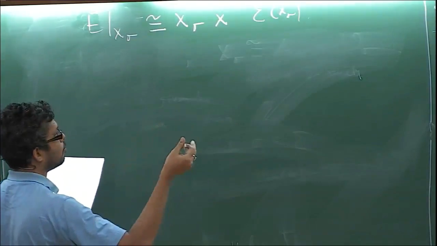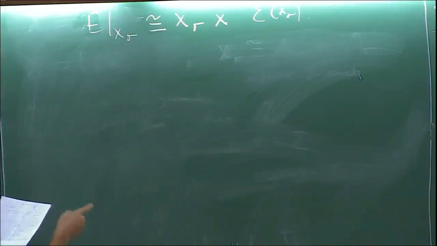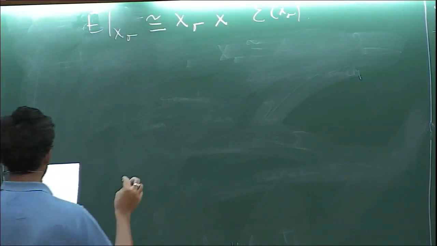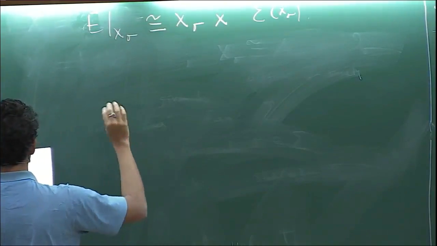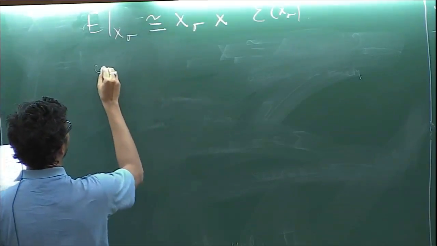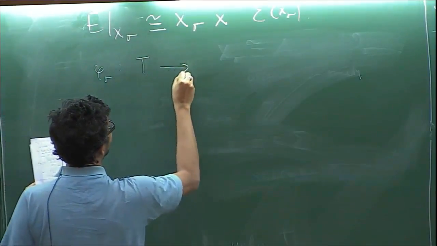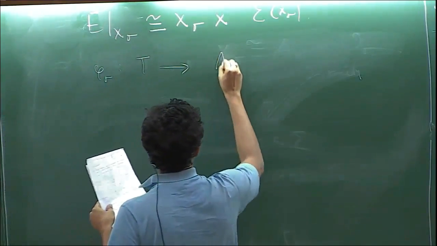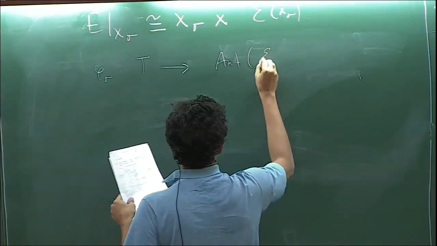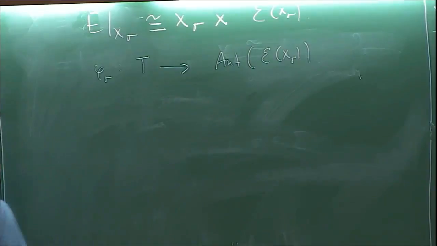You have to be a little more careful about what x_sigma is; it should be in the unique closed orbit, but I am not going into that. And the T action on E restricted to x_sigma is given by some linear map phi_sigma from T to Aut(E_x_sigma).